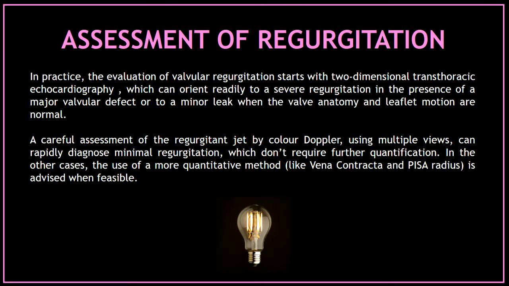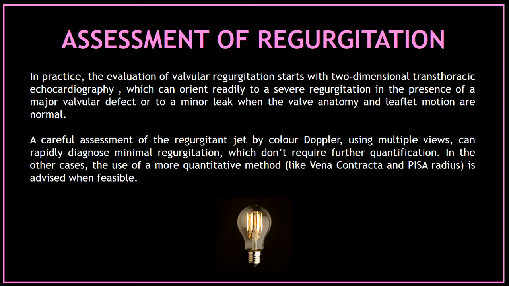In practice, the evaluation of valvular regurgitation starts with two-dimensional transthoracic echocardiography, which can orient readily to a severe regurgitation in the presence of a major valvular defect or to a minor leak when the valve anatomy and leaflet motion are normal.